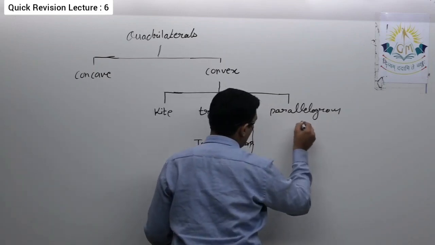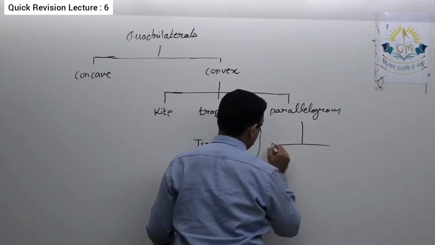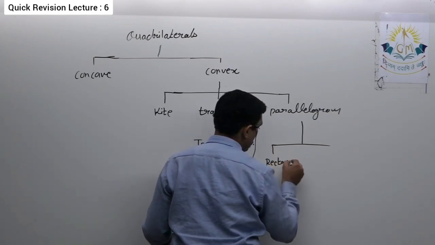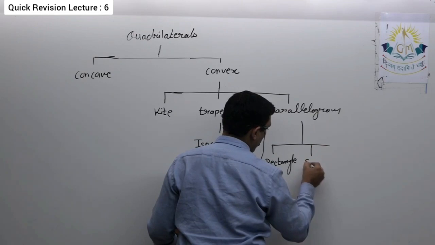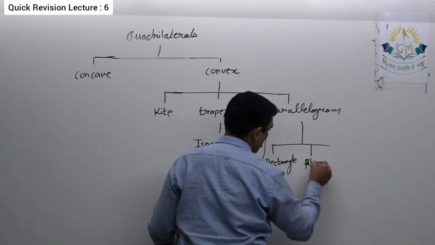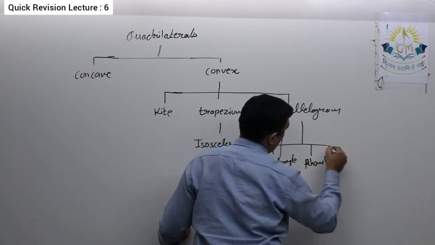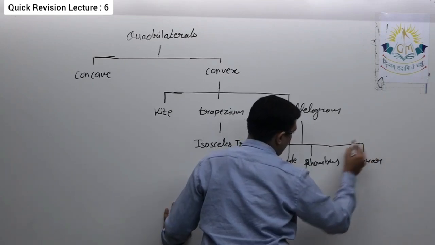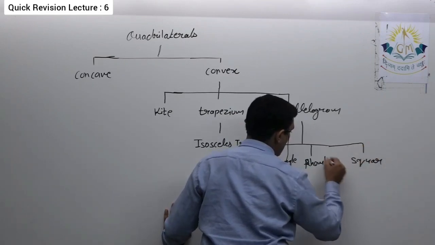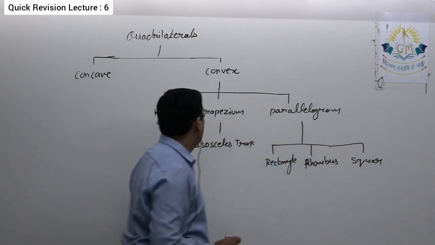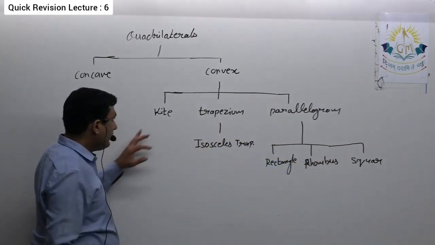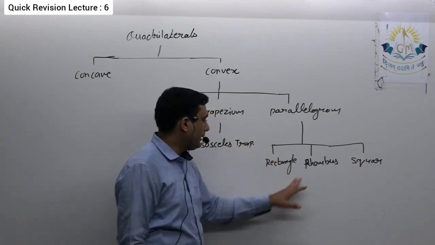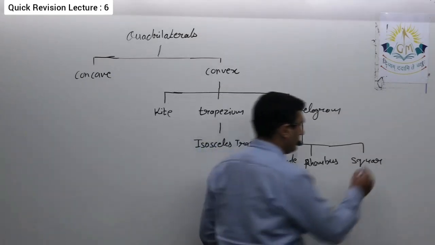Among the parallelogram, we have rectangle, then we have rhombus, and the third one we have square. So: concave, convex, kite, trapezium, parallelogram, isosceles trapezium, rectangle, rhombus, and square.